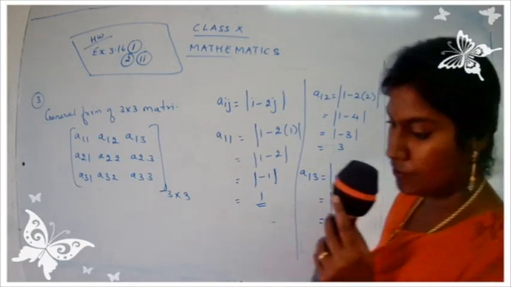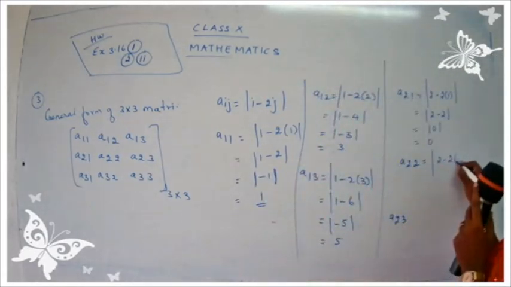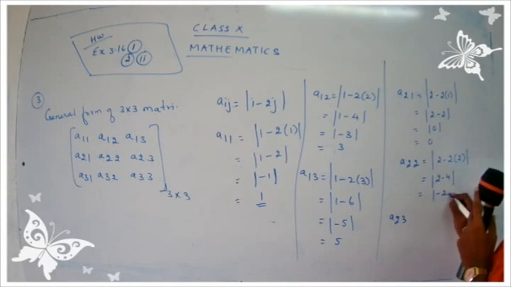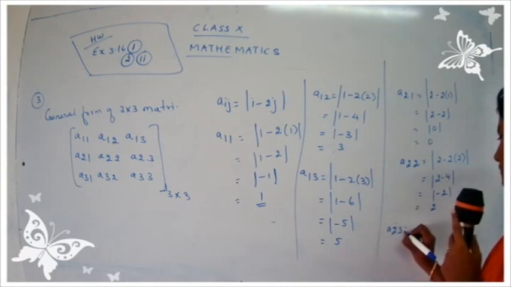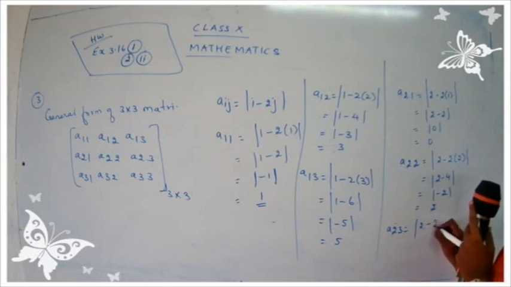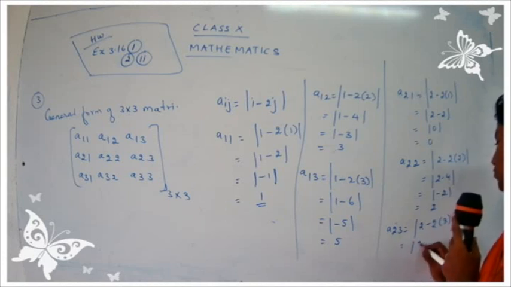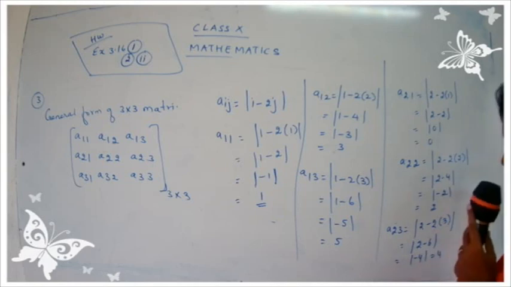Next one, 2 minus 2 into 2, 2 minus 4, minus 2, so 2. A23. So i is 2, j is 3. 2 minus 2 into 3, 2 minus 6, minus 4, so 4.